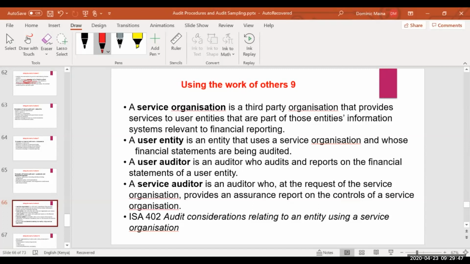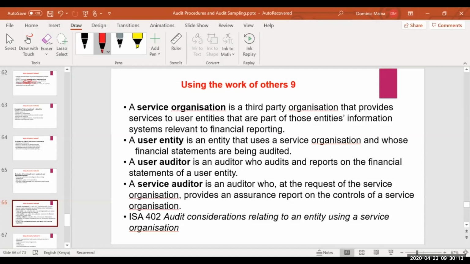Let me give a simple example of Strathmore. They don't prepare their payroll; their payroll function is done by, for example, G4S, just an example. The payroll is done by G4S, and the cash collection is done by G4S, whatever company it is.